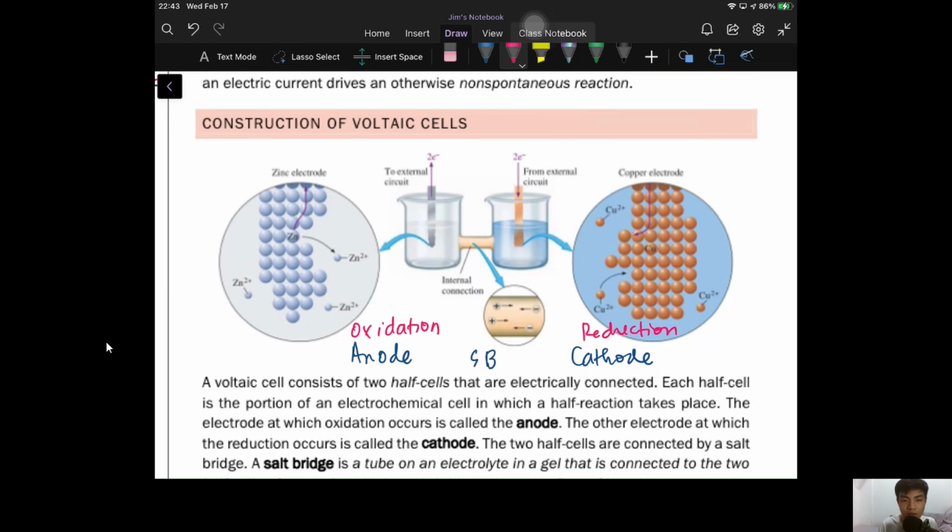Kasi kung walang salt bridge, hindi gagana yung cell na yan. Kailangan meron yan salt bridge. Ano yung nilalagay dito sa salt bridge? Usually asin lang, kaya nga salt bridge. Gumawa ako nito before. Ang salt bridge ay gawa lang yan sa gelatin na may asin. Tapos, pag nilublob mo yan dito sa solution, it will allow the redox reaction to occur.